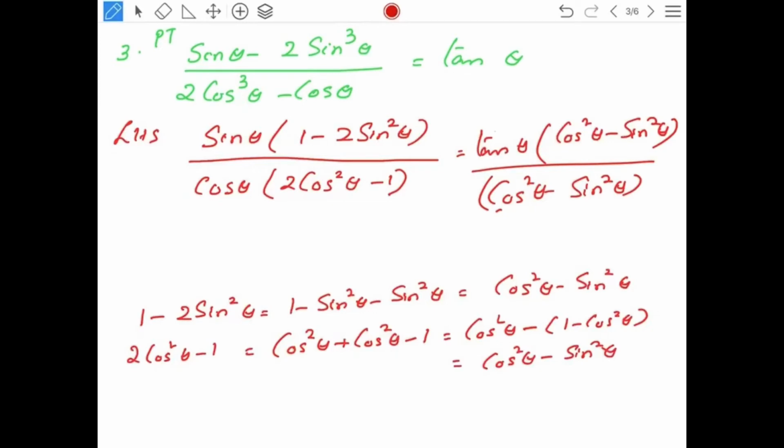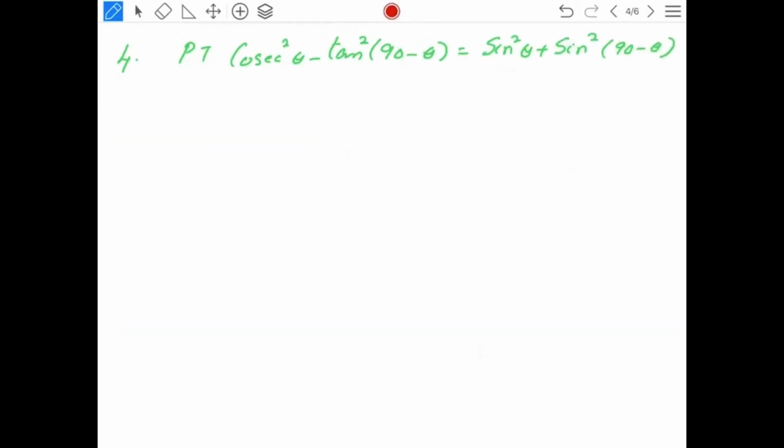Now you can cancel this and you are left with tan theta, equal to RHS. This you can do on this side and then substitute it. Now it is cosecant square theta minus tan squared of 90 minus theta.